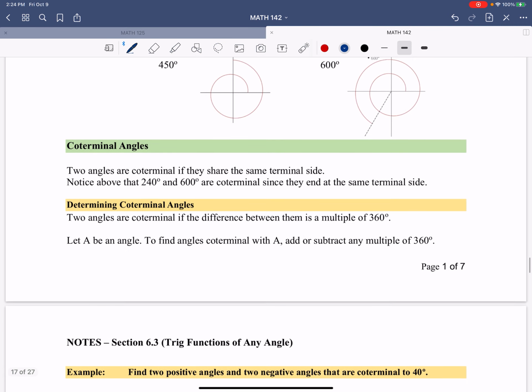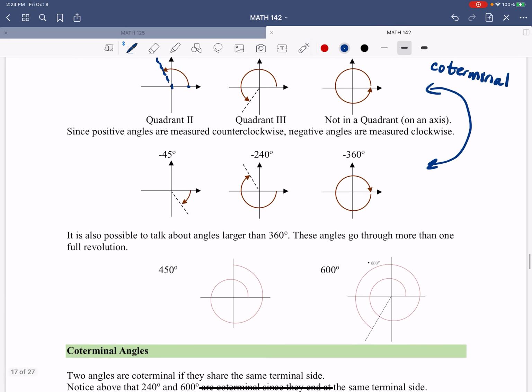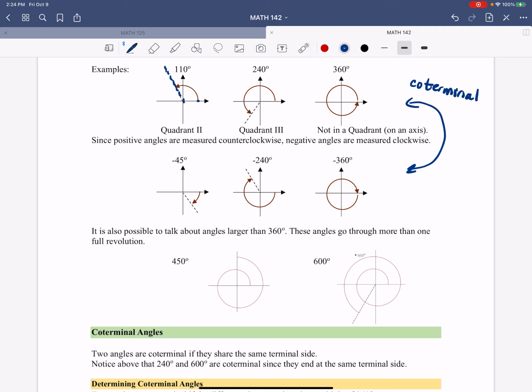So getting to coterminal angles, we say that two angles are coterminal, again, if they share the same terminal side or terminal point, whichever way you want to look at it. So above here, let's look at 240 and look at 600. Now 240 is this one here, and 600 is this one here. Notice those end at the same terminal side, okay?